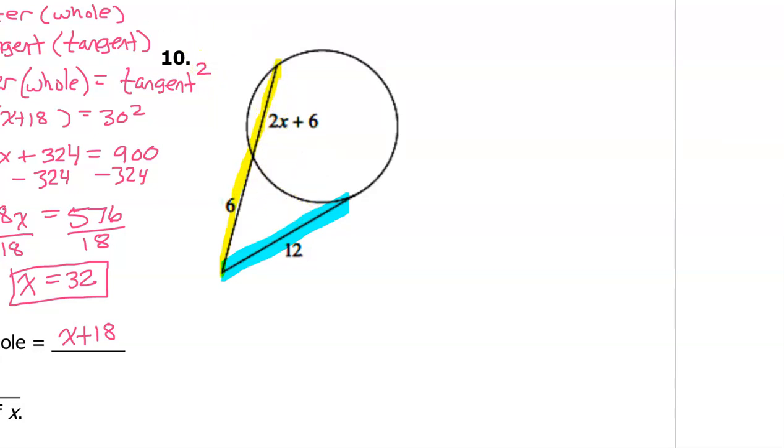So this will allow us to use our brand new shortcut that goes outer times whole for the secant is equal to tangent squared for the tangent.